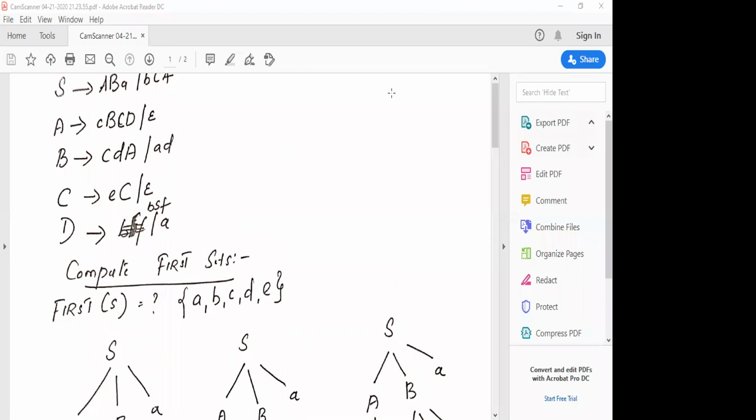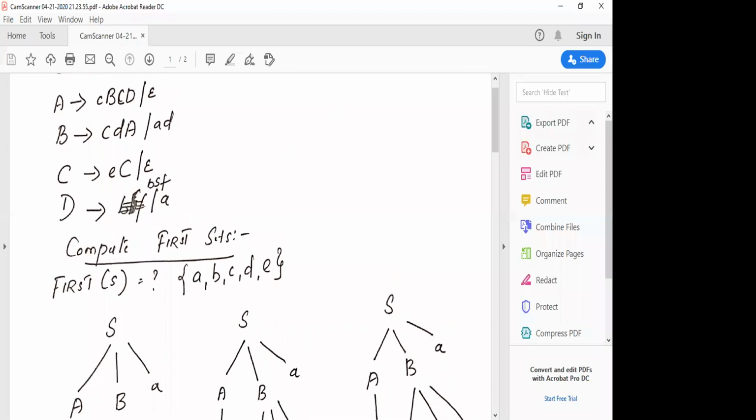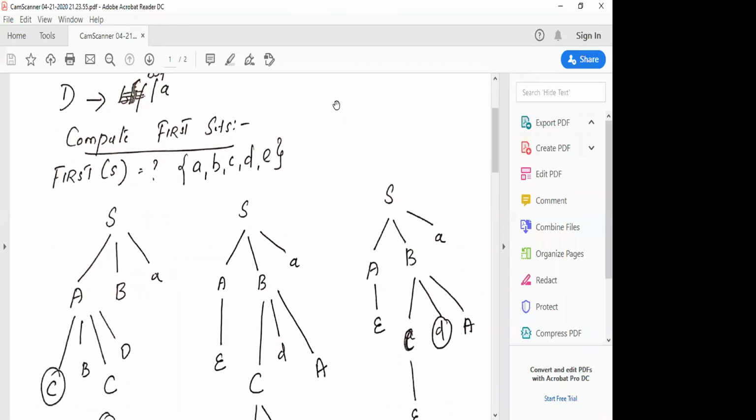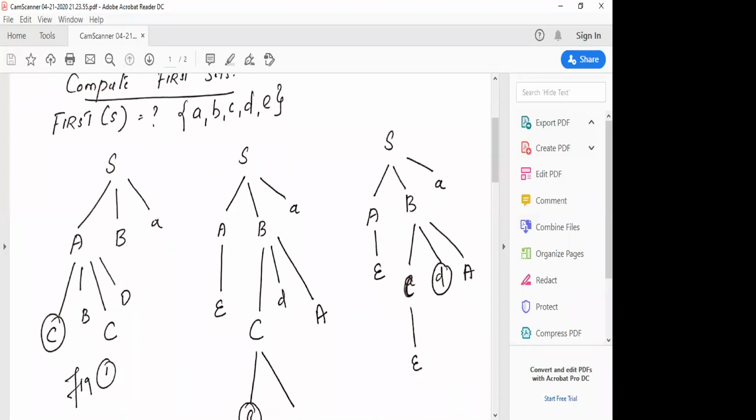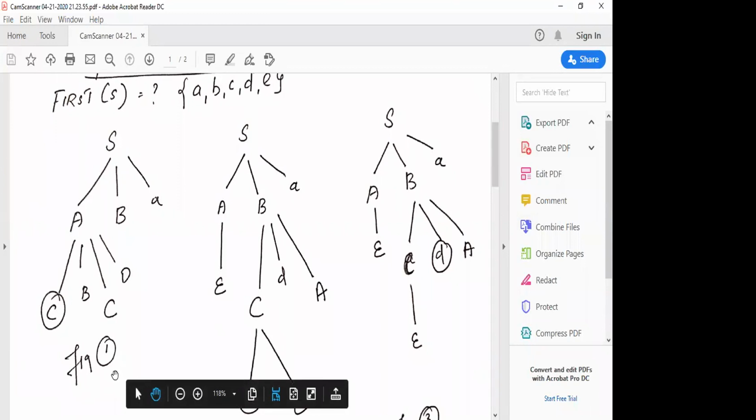Okay. Now the same grammar only I have considered. In fact, we identified first of S as A, B, C, D, E. You have the grammar at your hand. Now look into the parse trees one by one. First, look into the parse tree which I have called figure 1. Right?